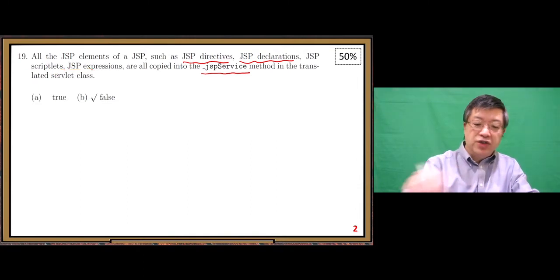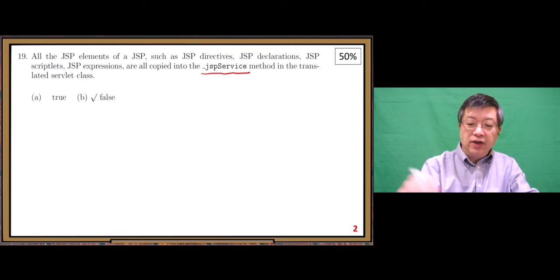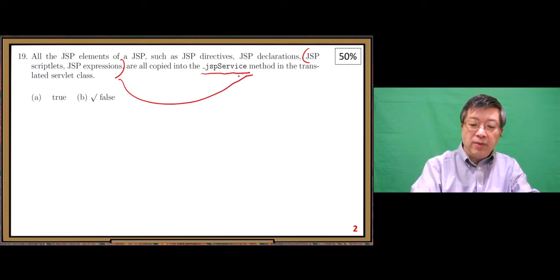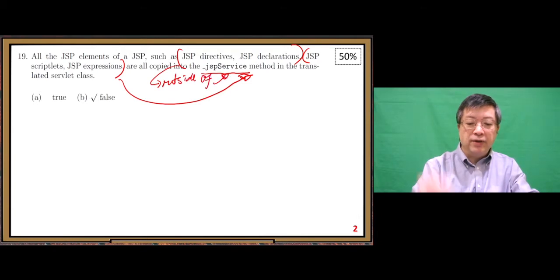This is false. Why did 50% miss it? The last two are copied there, right? The first two are not. The first two are copied outside of this method.